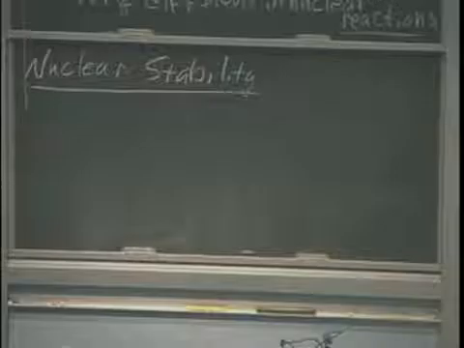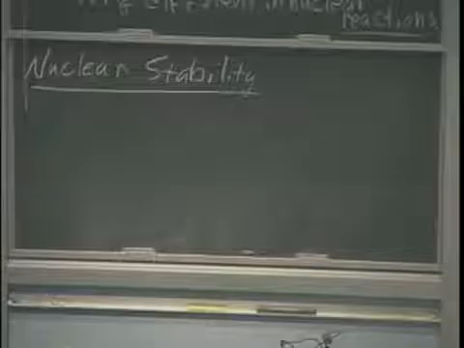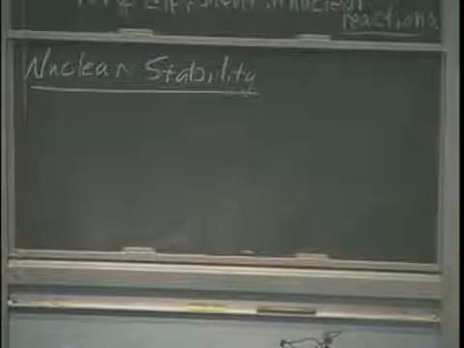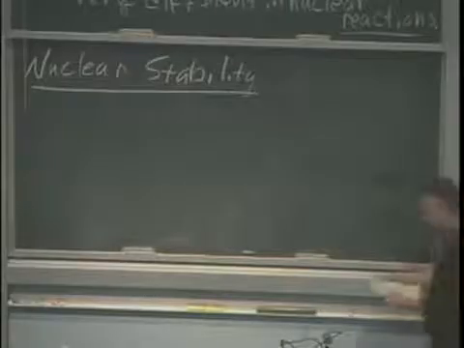So there are opposing forces in the nucleus. And so it might not be too surprising that for a nucleus to be stable, which just means that it doesn't decay into other nuclei, those forces have to be balanced throughout the nucleus.